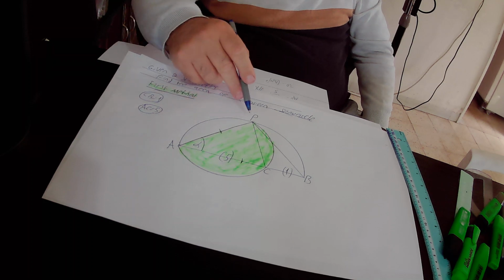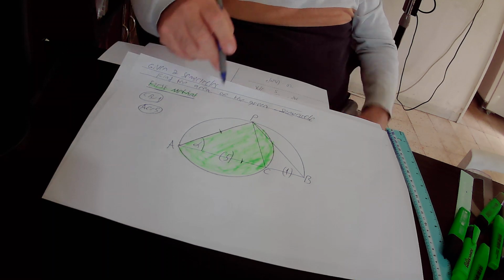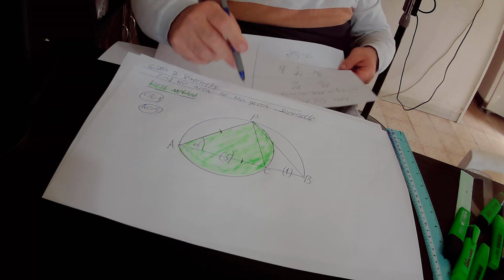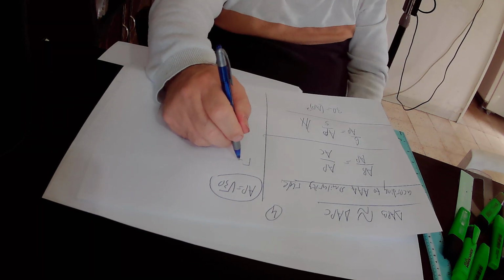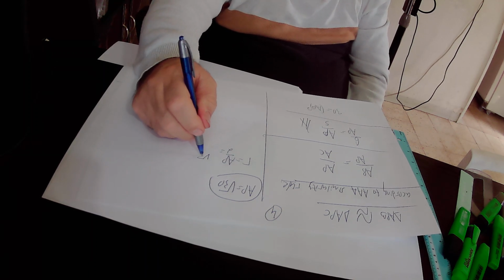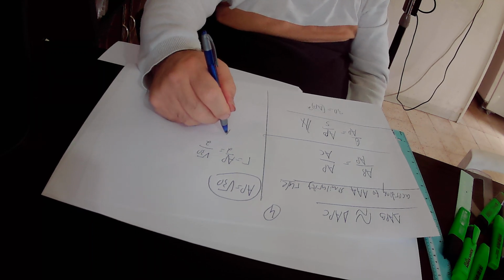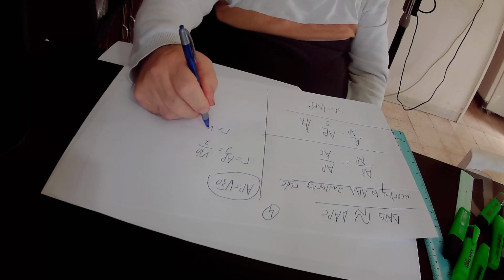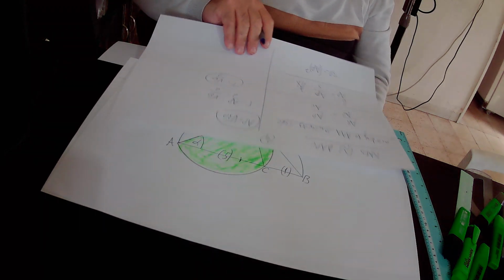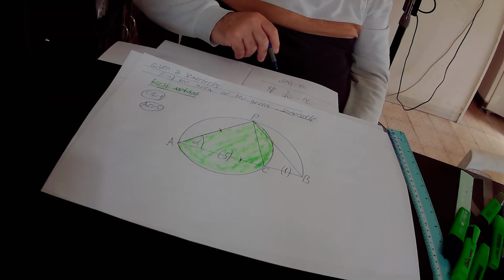AP is actually the diameter of this green semicircle. If AP is the diameter, it means that AP over 2 is the radius of this green semicircle. So the radius R of the green semicircle equals the diameter AP over 2. AP is equal to the square root of 30, therefore AP over 2 is equal to the square root of 30 over 2. In conclusion, the radius of the green semicircle equals the square root of 30 over 2 units in length.